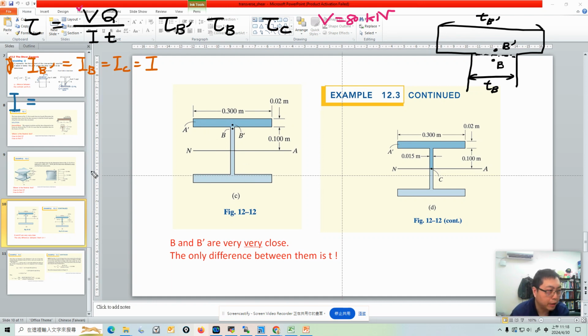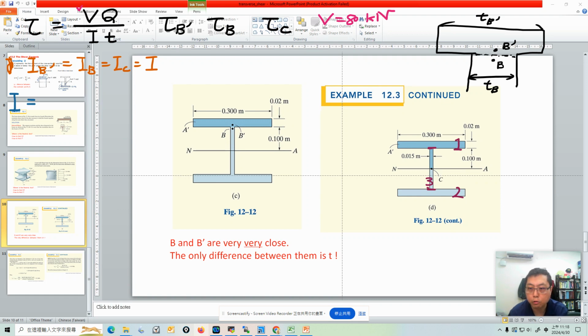We divide it in this way: I cut here and here, and I call this part 1, this part 2, and the middle part 3.